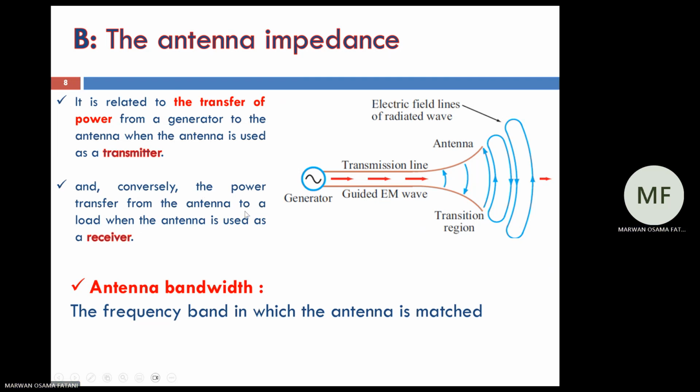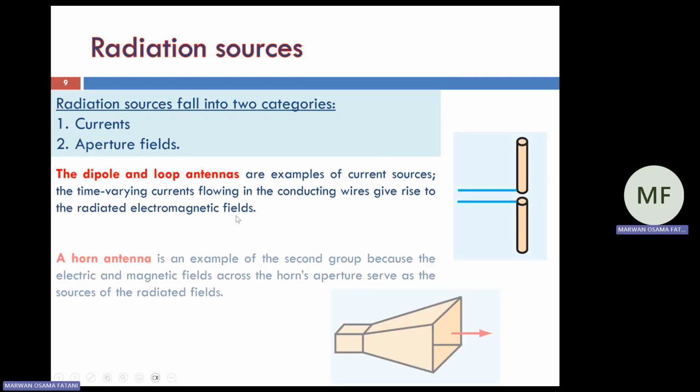Now we go forward with the radiation sources, and we have two types, or two categories: currents and aperture fields.